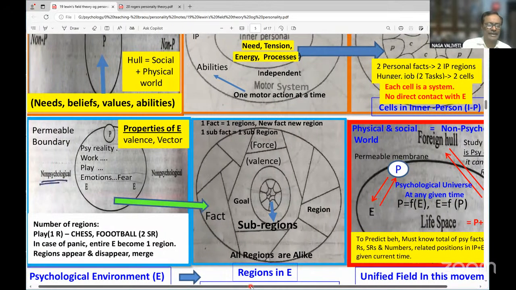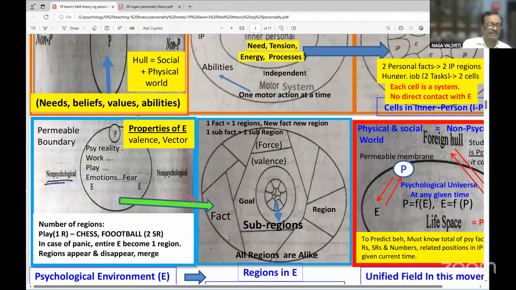Now coming back to the psychological environment. Around the P, there is a psychological environment. Actually, it is connected, but Lewin says that there should be a gap here. It should not connect. So here is physical reality: if you want to work or play, some emotions and fears are there.